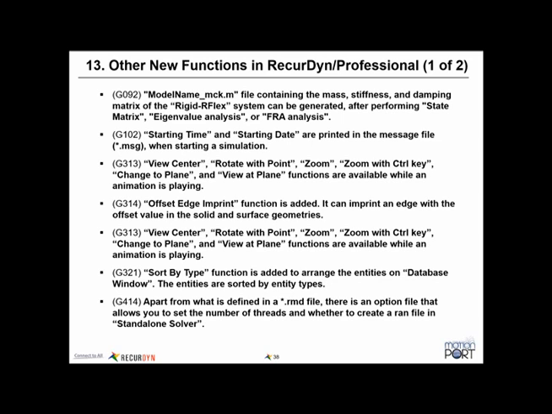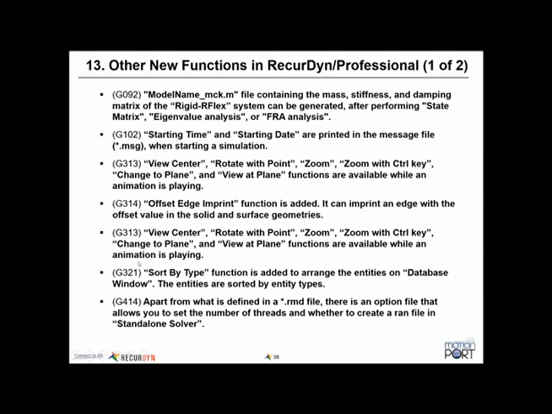And so when you imprint, you want to make sure that you have nodes along, in this case, the edge, and you want things to match. So this is imprinting an edge with an offset value into another solid and so forth. So again, I think you'll see some of these capabilities in use in the later section.